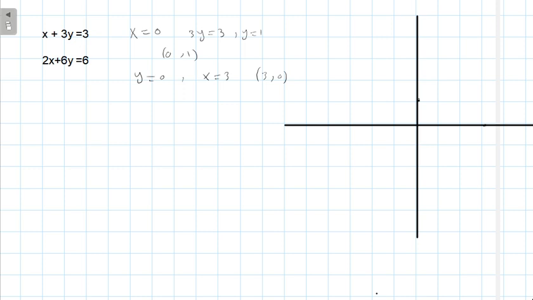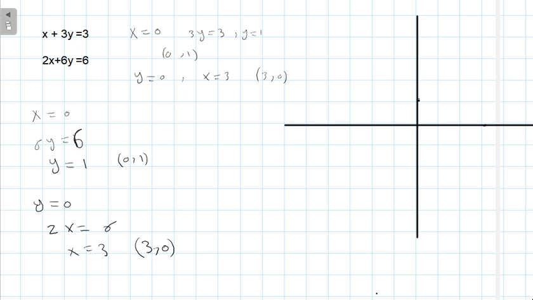The second equation: when x equals 0, then 6y equals 6, so y will be 1. This first point is 0, 1. If y equals 0, then x will be 6, so x will be 3 in the simplified form, 2x will be 6 and x will be 3. So the other point will be 3, 0.